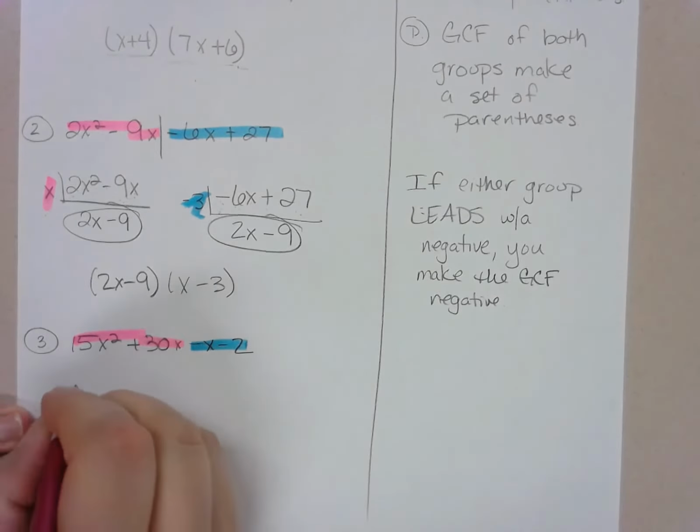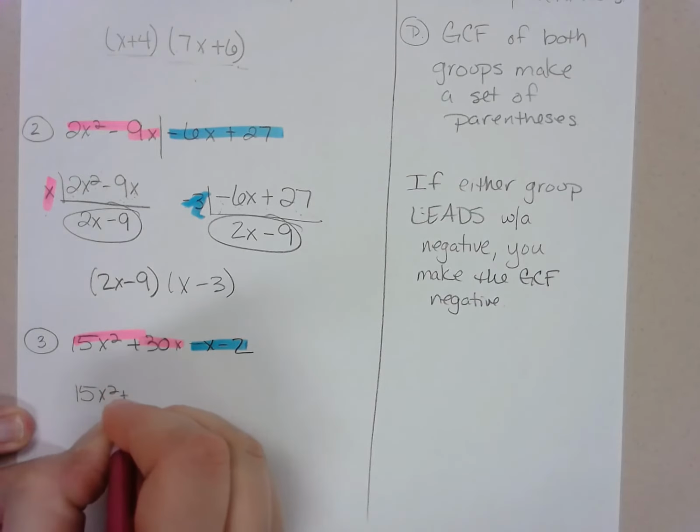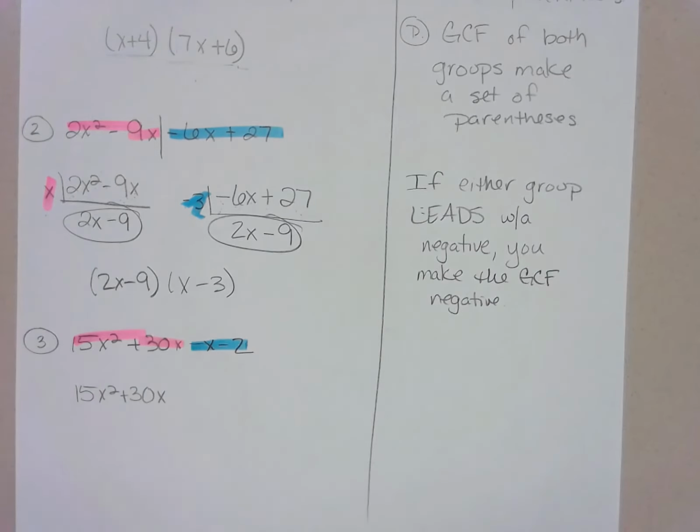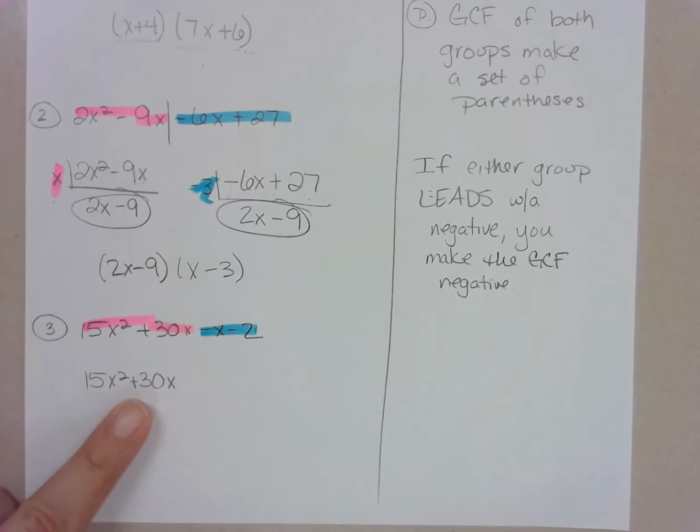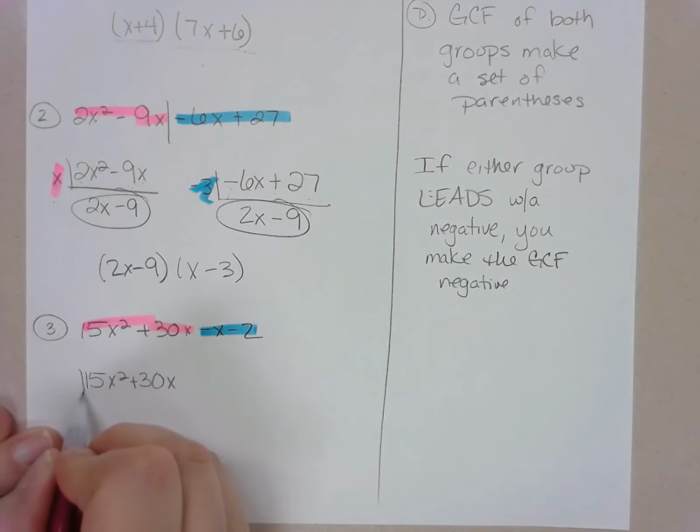So 15x squared plus 30x. I'm going to go ahead and do this with prime factors. If you see what the greatest common factor of 15 and 30 is, you can go ahead and factor that out. I'm going to do it with prime factors just for the practice.